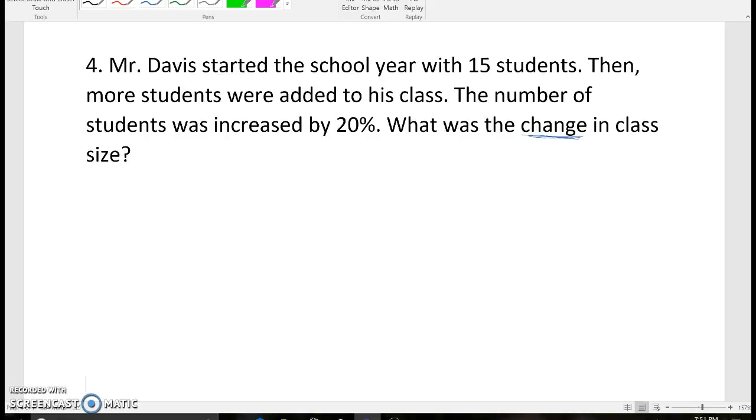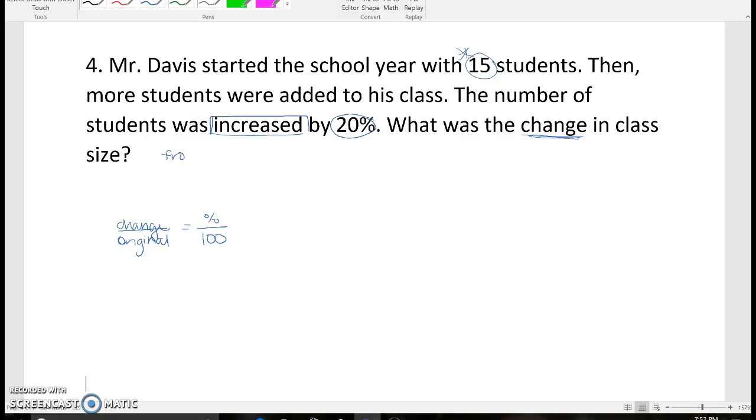Okay. So again, we're doing a change over original equals percent over 100. So this one gives me the percent, and it says it's increased. So he started the school year and more people were added. So he started here at 15.